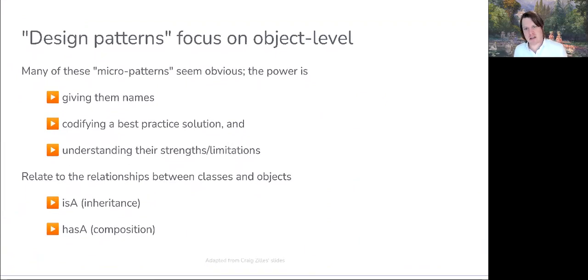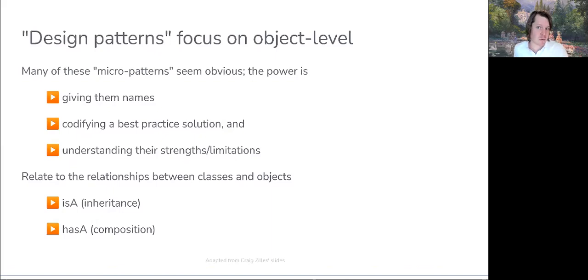So I guess just to close out this video, I know I've been rambling for a bit. I'll try to move a little bit faster. Design patterns focus on things at the object level. So many of the micro patterns that we've talked about here seem obvious, but again, there's a lot of power in simply giving them names, codifying a best practice solution to a particular type of problem, as well as, and we didn't really consider this for the micro patterns, but when we start to learn a number of them, you can start to think in terms of almost trade-offs.